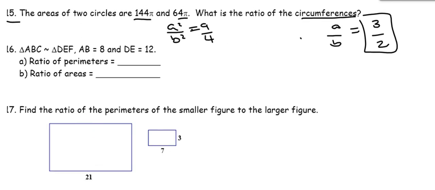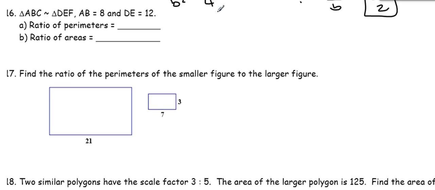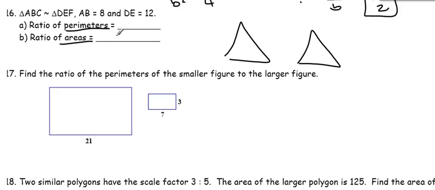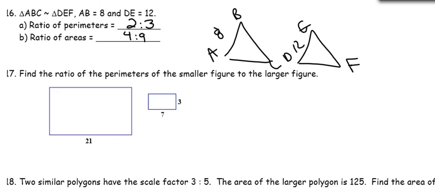Number 16, you're going to need to draw a picture of two triangles ABC and DEF. Then find the ratio of the perimeters and find the ratio of the areas. Pause the video and see if you get what I get. Okay, number 17, we want to find the ratio of the perimeters of the small figure to the large figure.